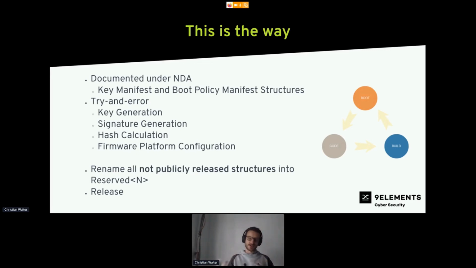And that was quite tedious work. One of the biggest problems that we had was the hash calculation. As I said initially, the hash of the KM public signing key and of the BPM public key, or the public part of the signing key, goes either into the ME or into the KM, right?